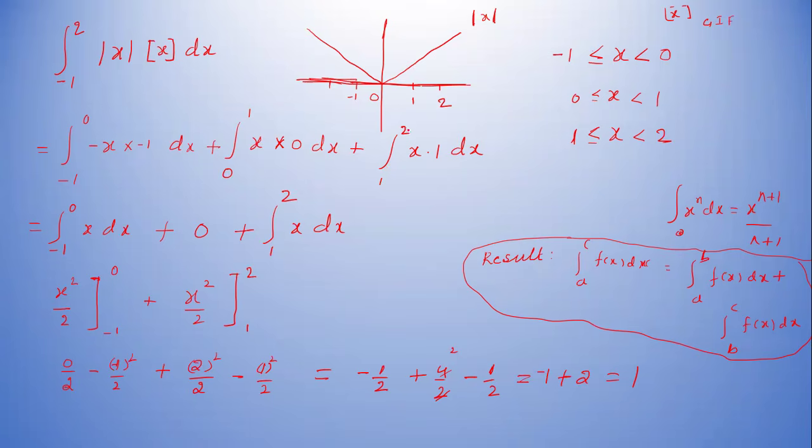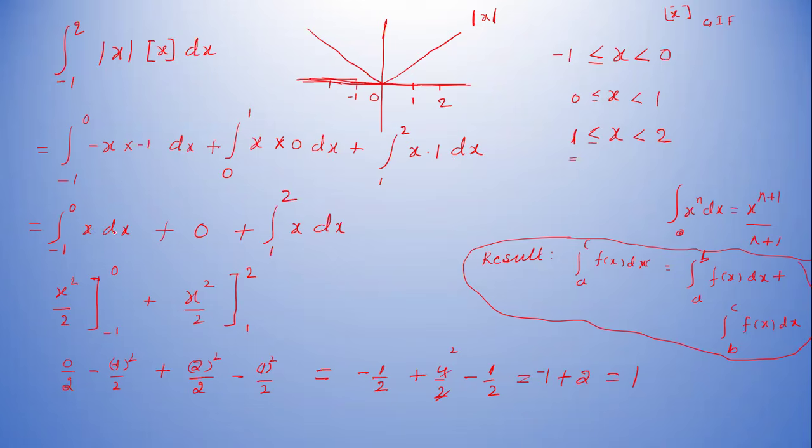Plus 1 to 2: modulus of x is x, and the greatest integer function value is 1. Therefore, this is dx. Now, simplify this.